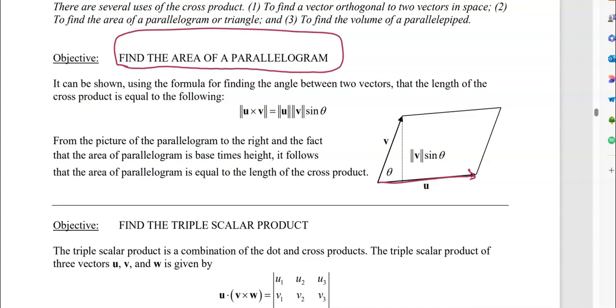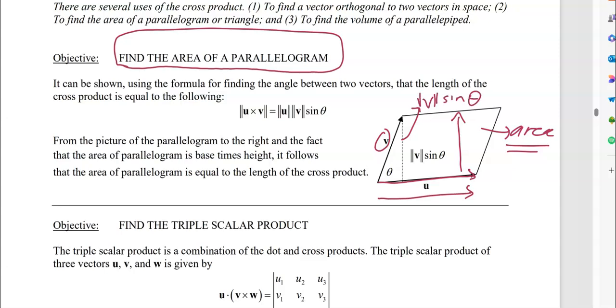To find the area, you multiply u times the height, the length times the width. The width, in this case, is not v, but the component of v, which we call v sine theta.